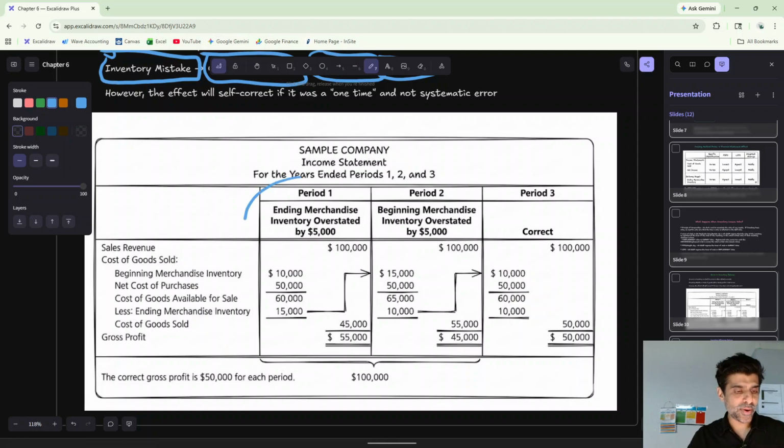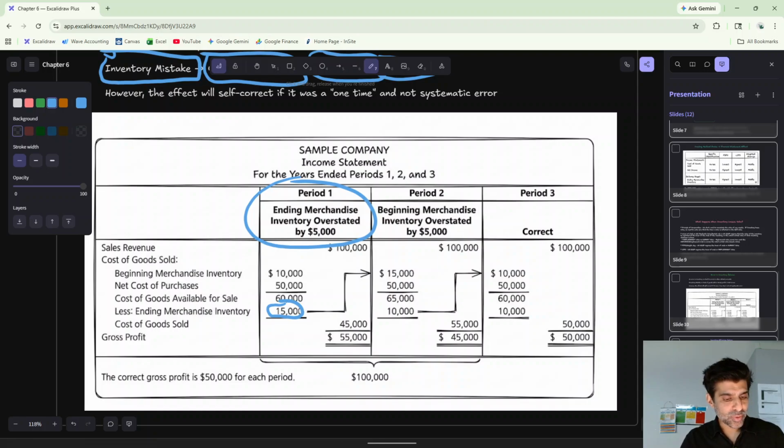So in this first period, what it's saying is that you basically overstated your inventory by $5,000. So this $15,000, you went in and counted your inventory. It should have been 10,000, but you said it's 15,000. It's just overstated by 5,000.